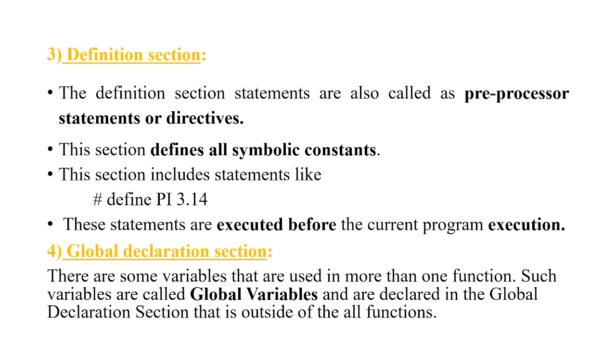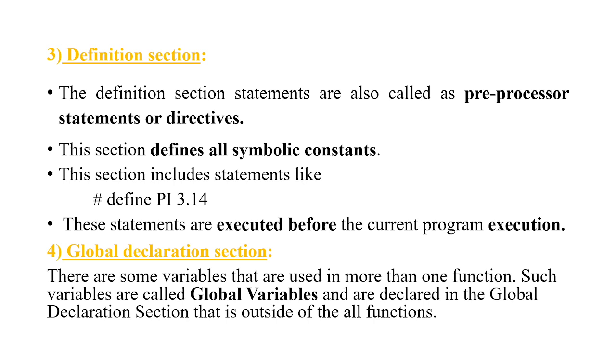Hash indicates it's a preprocessor statement, and this statement says that whenever you see the symbol PI in the program, you substitute that symbol with the value 3.14. This is the definition that we have provided to be performed by the compiler before processing.